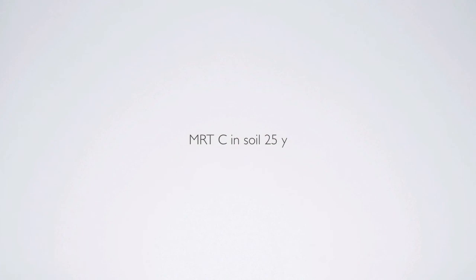The mean residence time of carbon in soil is even longer. It's 25 years. There's different pools of carbon in the soil, and that's just the mean residence time. Some carbon stays a very short time in soil, some much longer, but on average, if you take all the carbon in the soil and take a look at fluxes in and out, we're talking somewhere on the order of 25 years for the mean residence time.